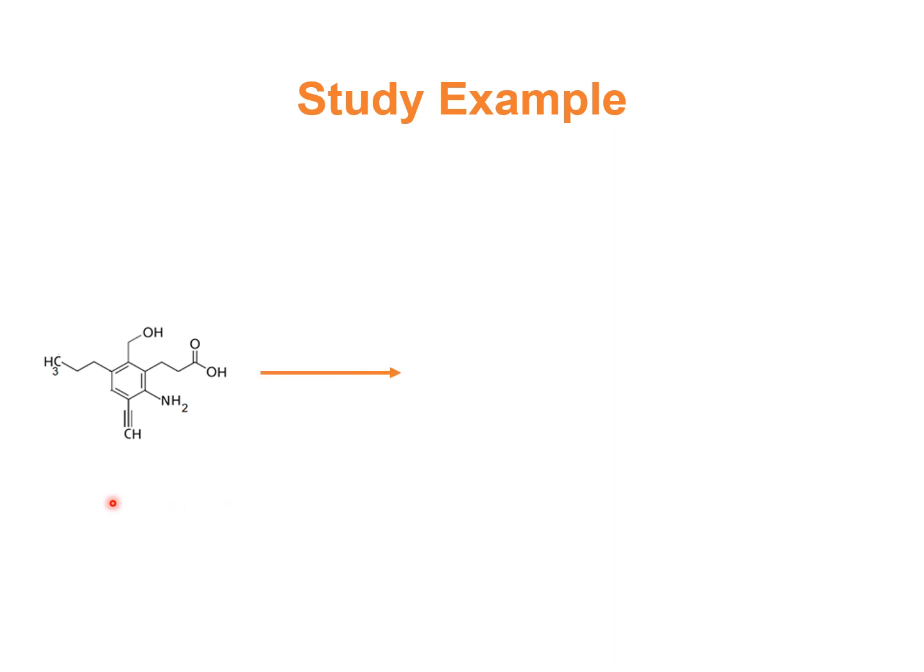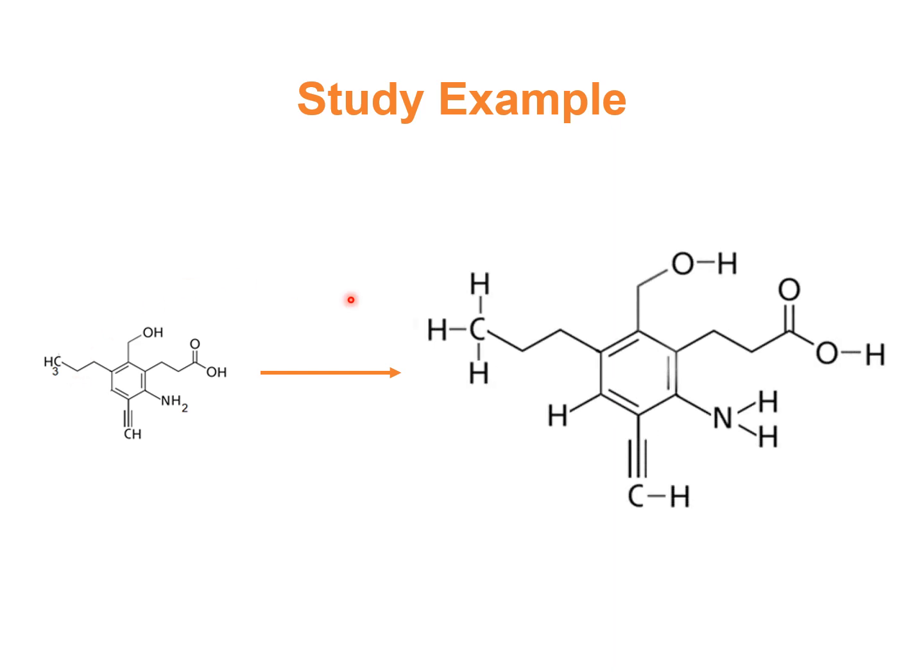If you want to predict what the IR spectrum of this compound will be, you will have to closely look at which bonds are present. Like this CH3 is actually comprised of 3 single bonds with H. Similarly, this oxygen is bonded with H. Here nitrogen is bonded with 2 bonds with H. There are some other points which can also be drawn in the form of carbon and the number of hydrogens attached to them based upon valency.